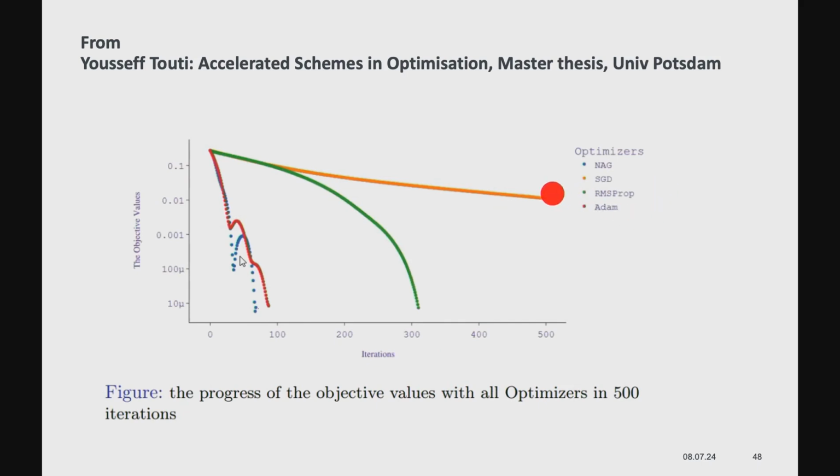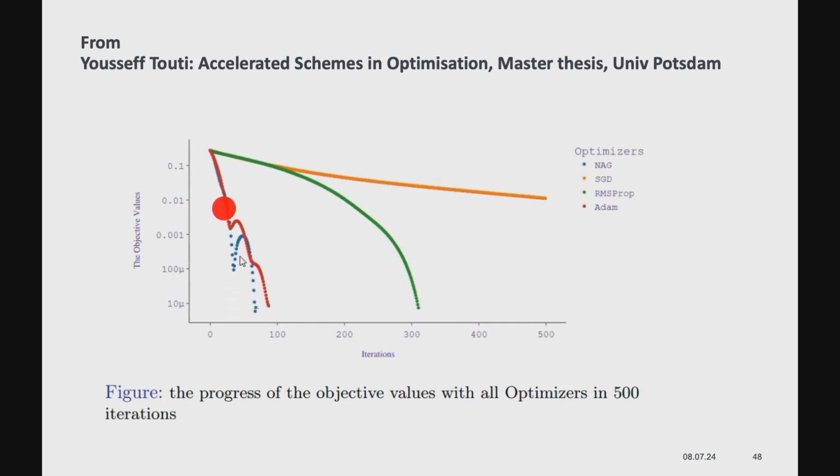So this slow one, this is the objective function. How does it go down? This was stochastic gradient descent, so the vanilla version. Green is RMSprop, some well-known old method for optimization, some version of Newton's method.